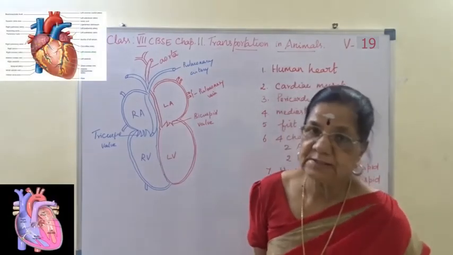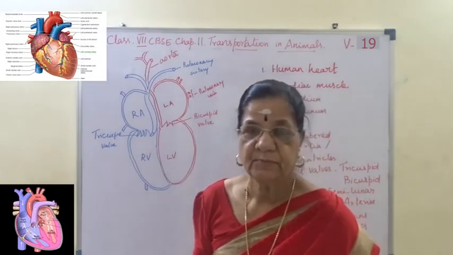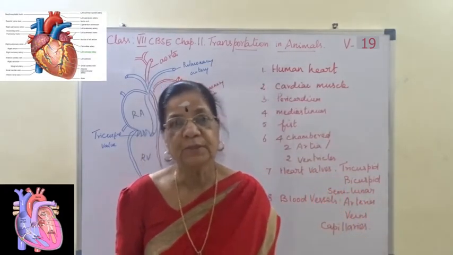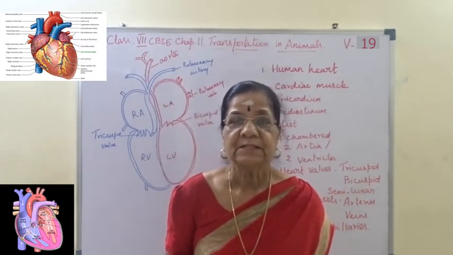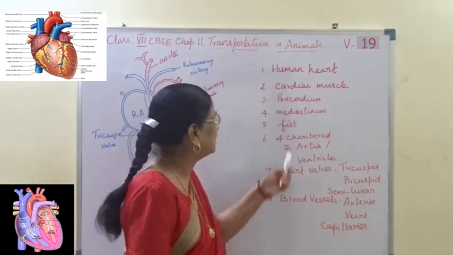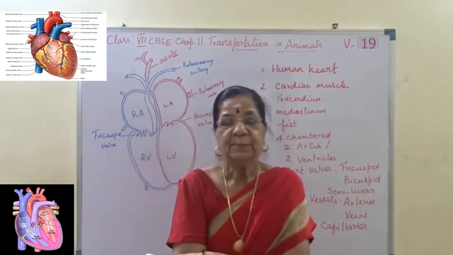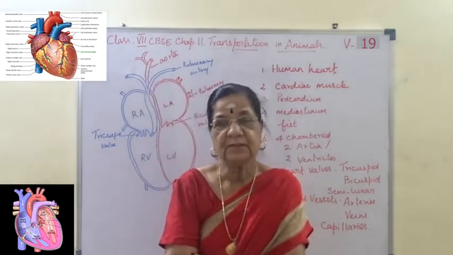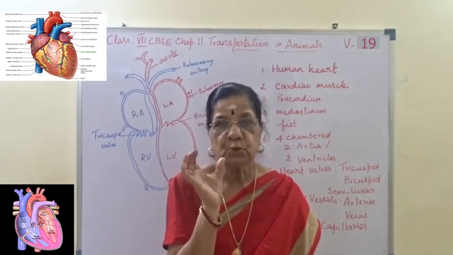So first we will see the structure of the human heart. What do we know? Human heart we know we have, is it not? Where is it present? The heart is present in the mediastinum portion, in between the two lungs.